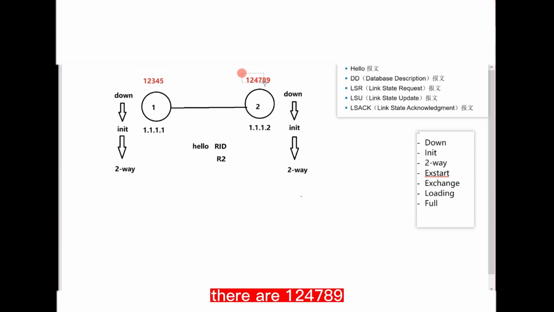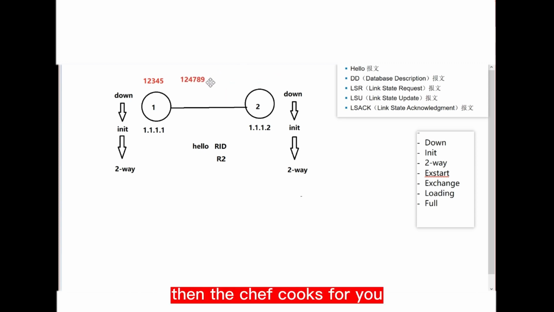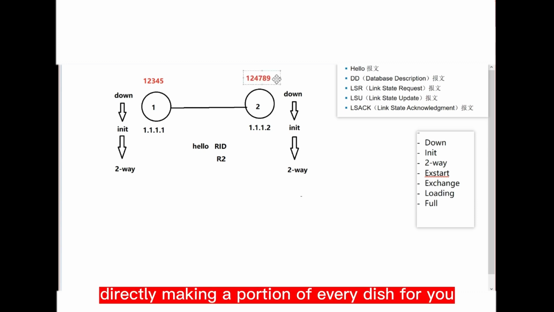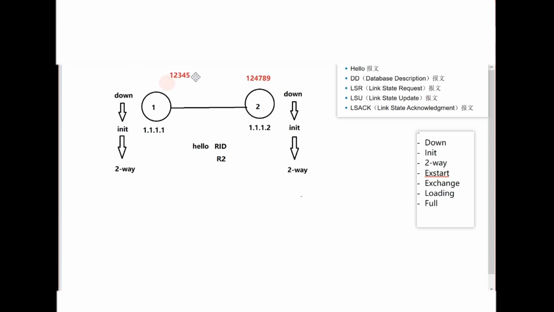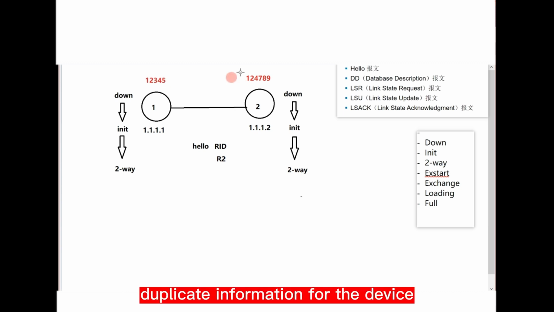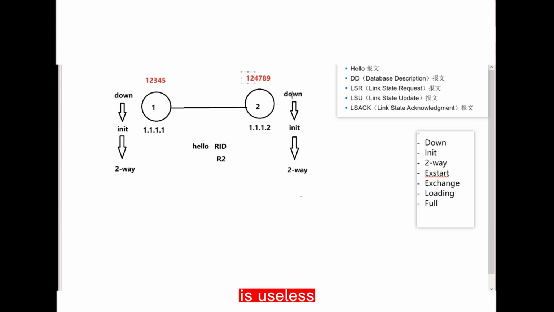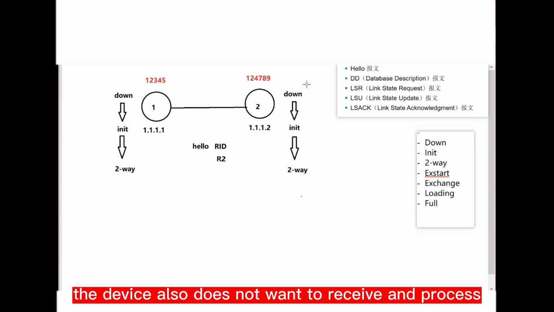There are dishes 1, 2, 4, 7, 8, 9 in the menu. What do you want to eat? You need to order first, then the chef cooks for you, instead of directly making a portion of every dish for you. That is unreasonable. Duplicate information is useless for the device, and the device does not want to receive and process it.